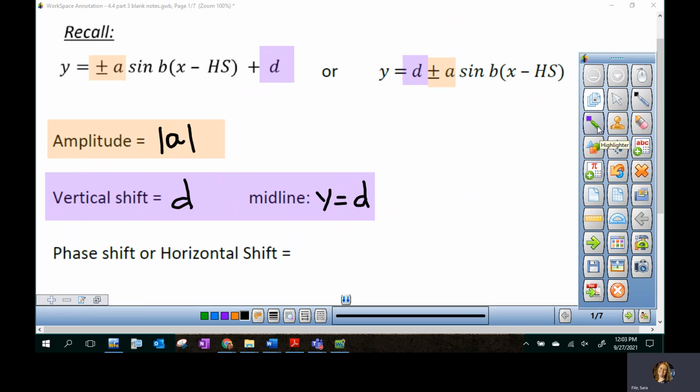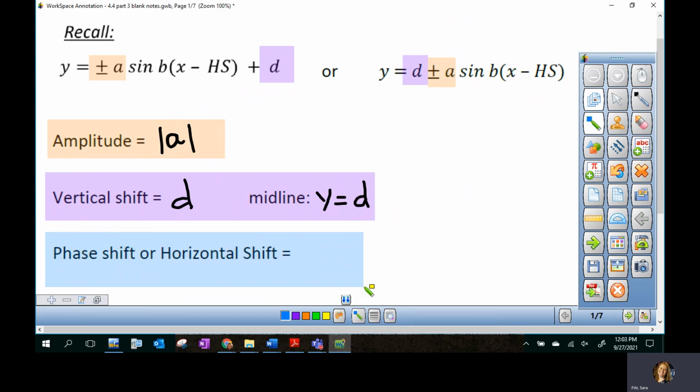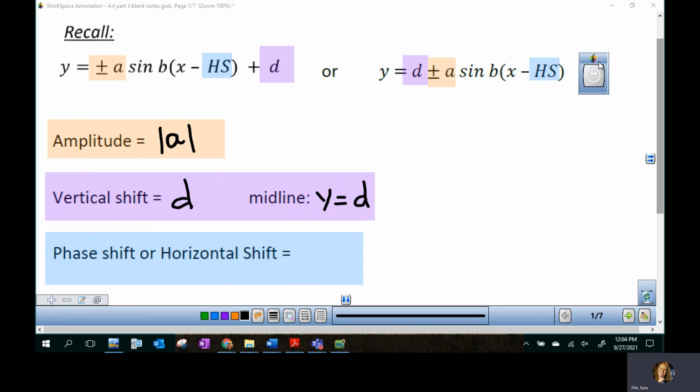And then the phase shift or horizontal shift. The way that I have written it with the b factored out of the parentheses, you're left with x minus the horizontal shift in parentheses.